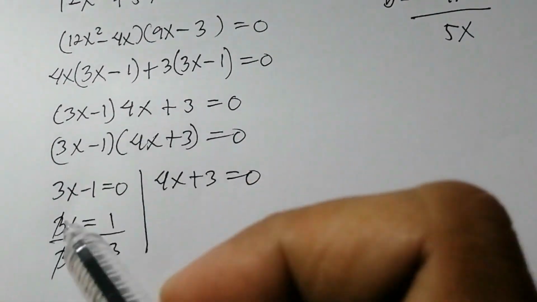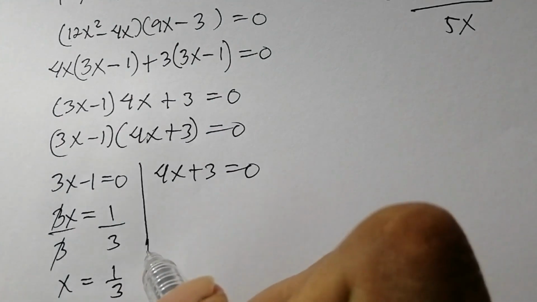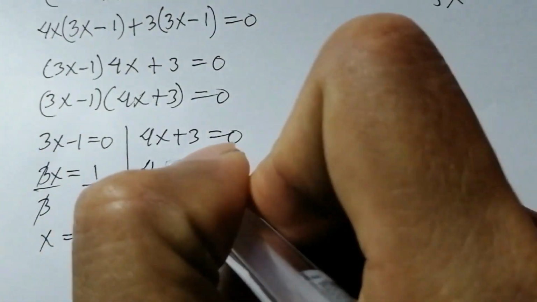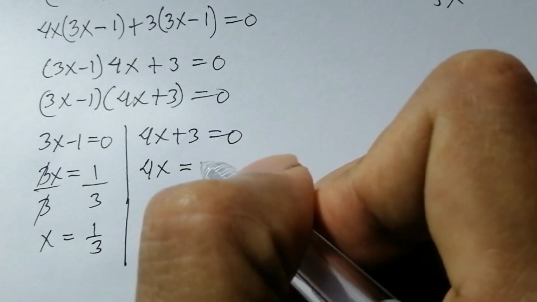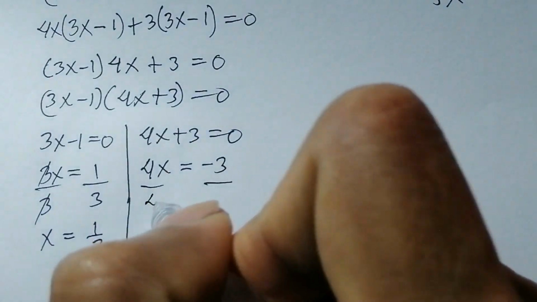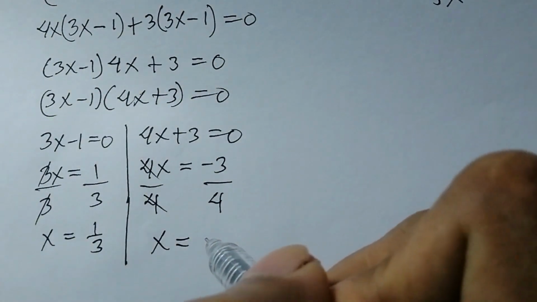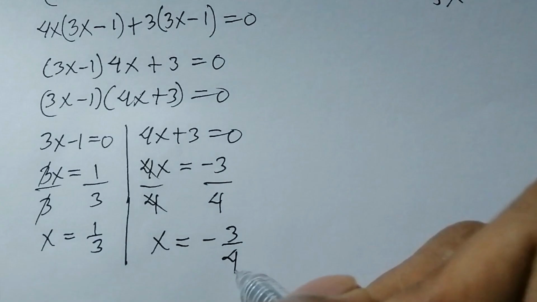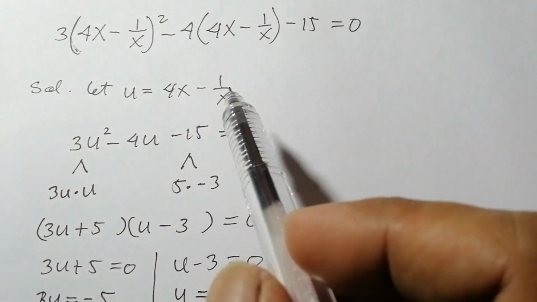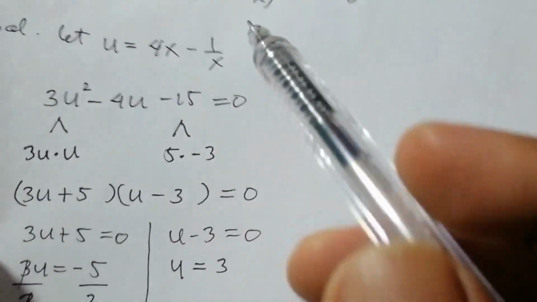So this will be cancelled out, and x is equal to 1/3. On the other side, 4x is equal to, we transfer this and it becomes negative 3, and then we divide by 4 on both sides, and this will be cancelled out. So x will be negative 3/4.